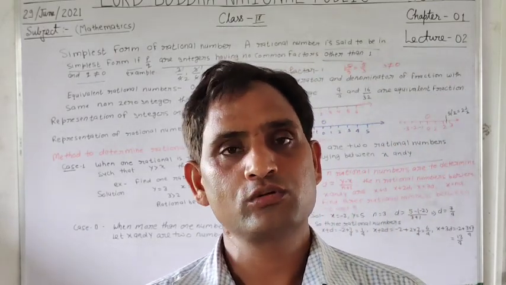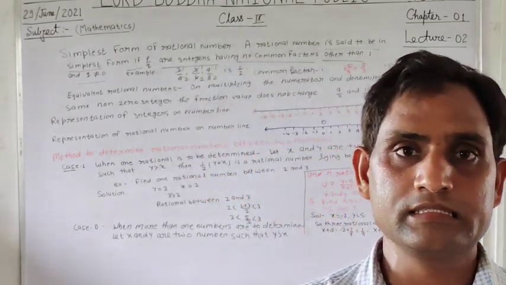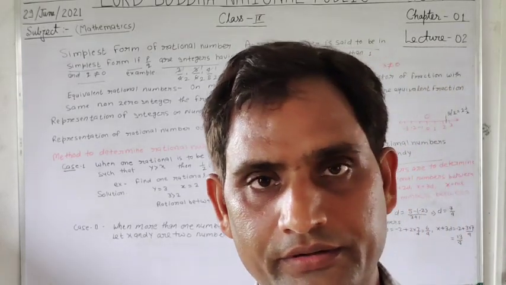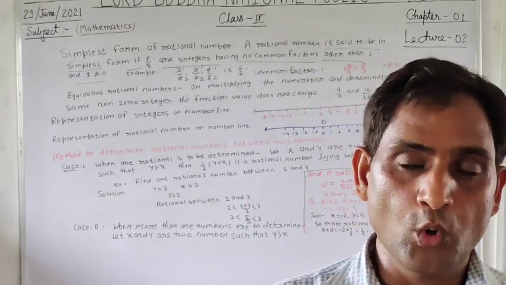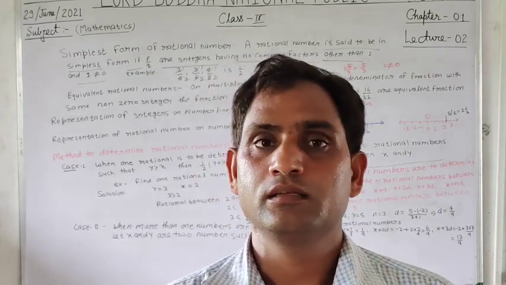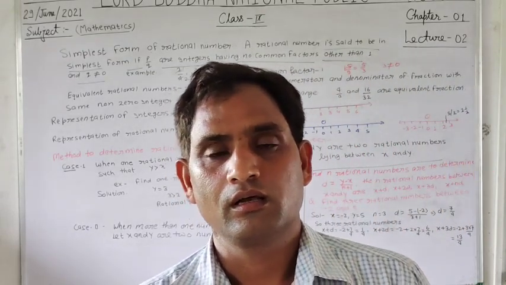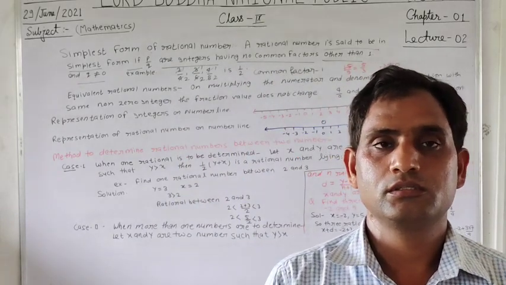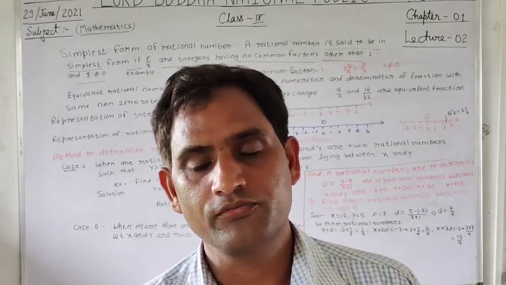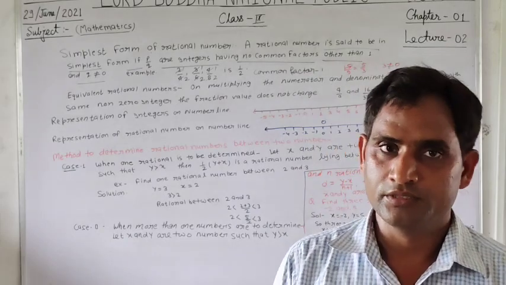Clear? All natural numbers, integers and whole numbers are rational numbers. Today we will learn about the simplest form of rational numbers.